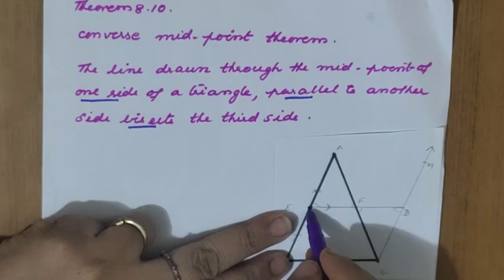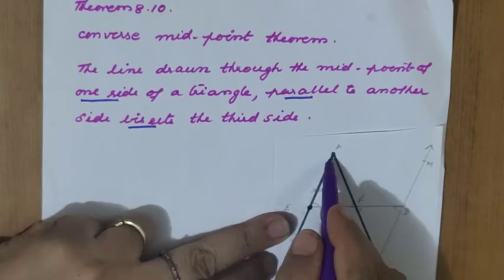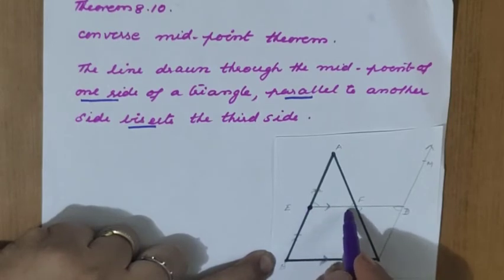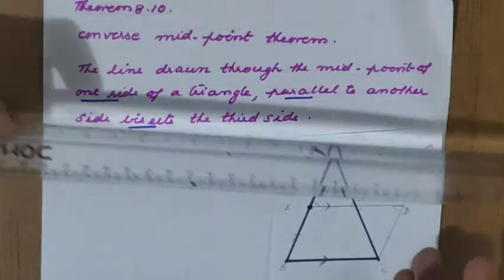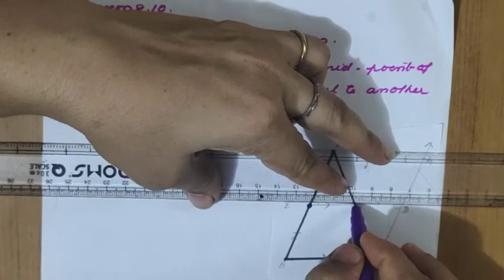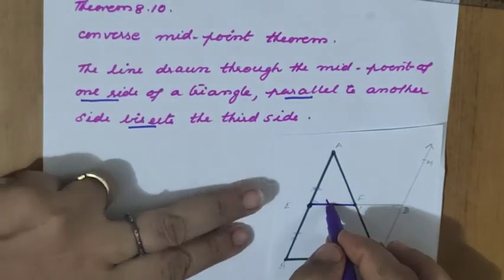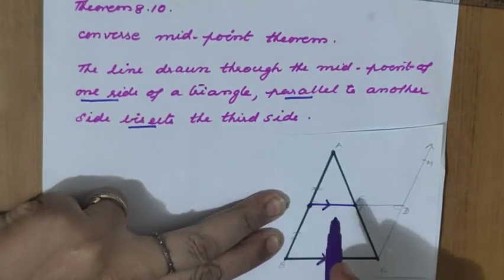And from the midpoint we have drawn a line which is parallel to the second side. So let me complete the line, that is the line EF. EF is parallel to the second side. So these two conditions are given.